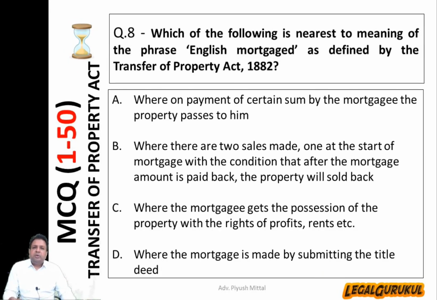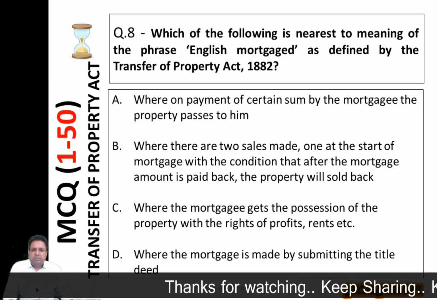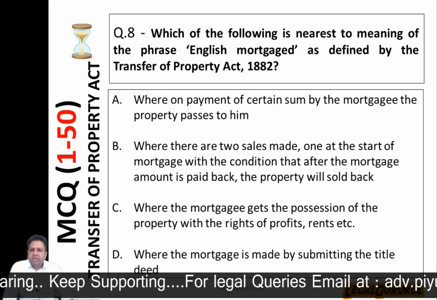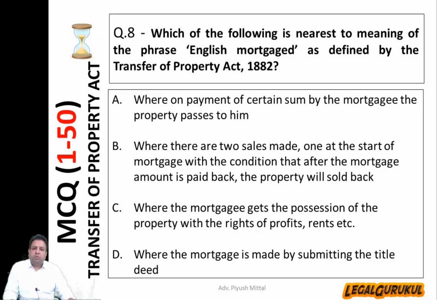Question number 8. Which of the following is nearest to the meaning of the phrase English mortgage as defined by the Transfer of Property Act 1882, or we can call it TPA? Option A, where on payment of a certain sum by the mortgagee, the property passes to him. B, where there are 2 sales made, one at the start of mortgage with the condition that after the mortgage amount is paid back, the property will be sold back.